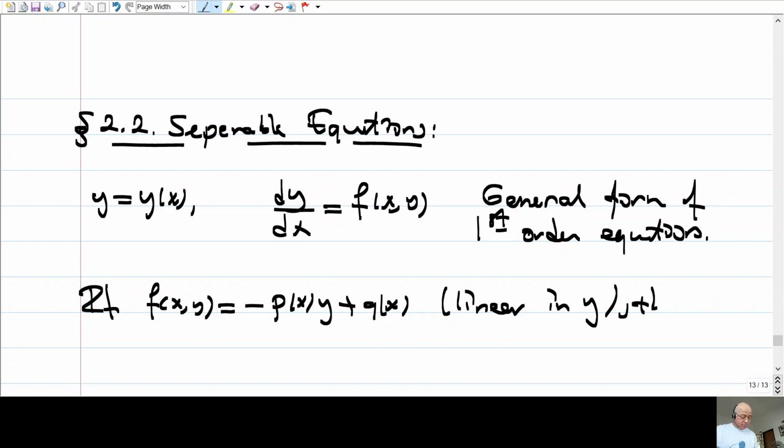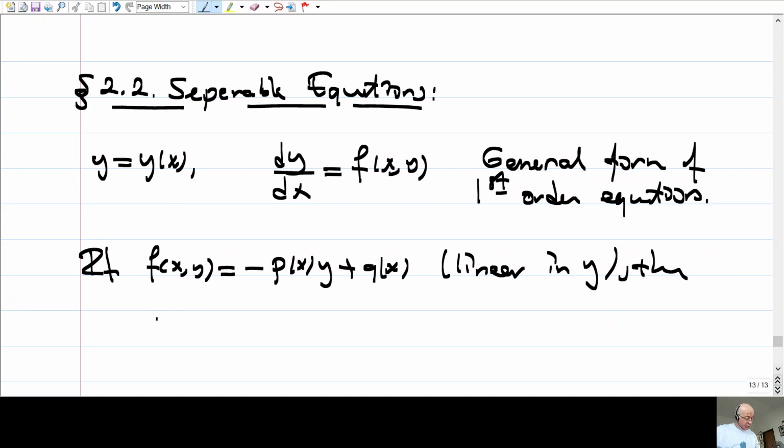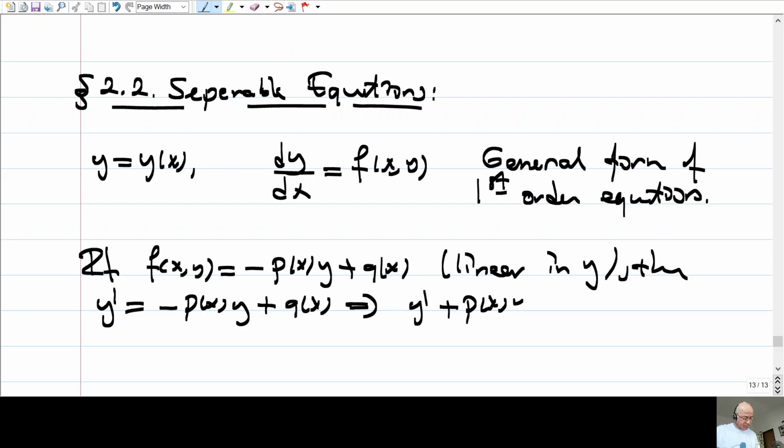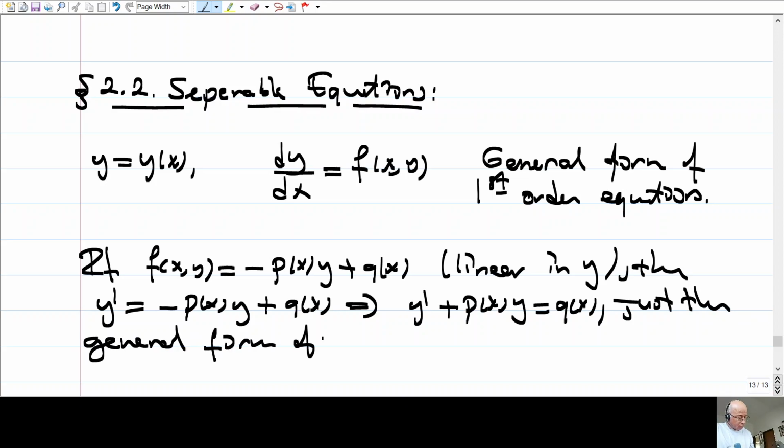Then of course the equation would be y prime equals minus p(x) y plus q(x), and this would give us y prime plus p(x) y equals q(x). Just the general form of linear equations.